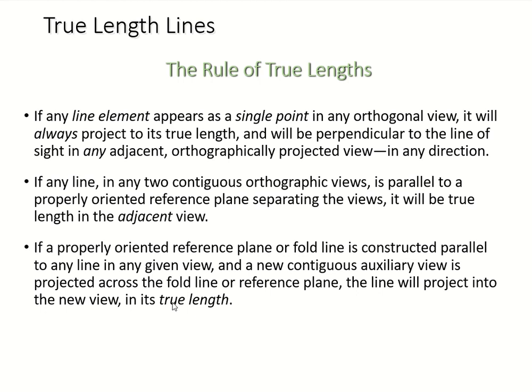So when we talk about the true length, we're talking about getting the true length on the projected plane, your projection. It's not going to give you an inaccurate length of your object.